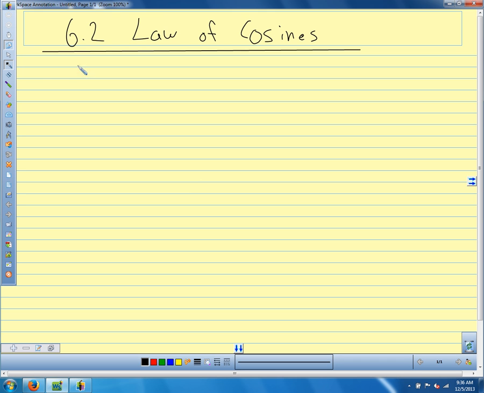Let's recap really quickly the law of sines, when we use the law of sines. Our easiest cases are when we have two angles and a side, so angle-side-angle or angle-angle-side triangles.